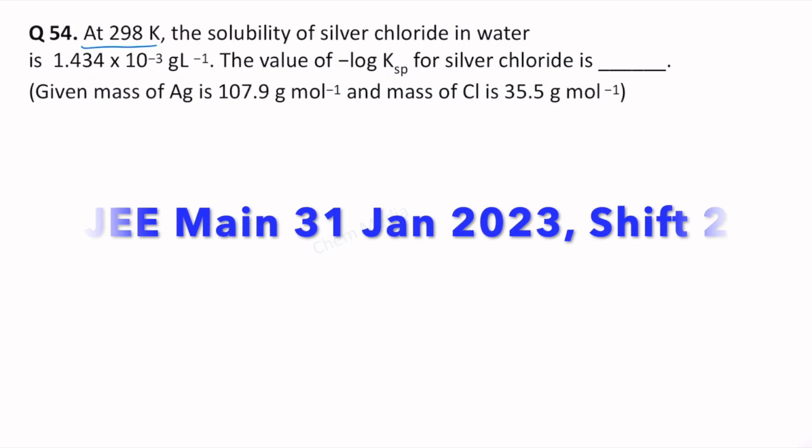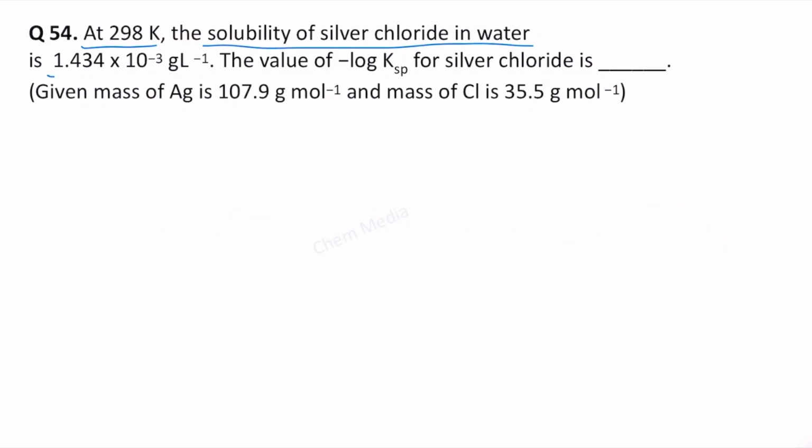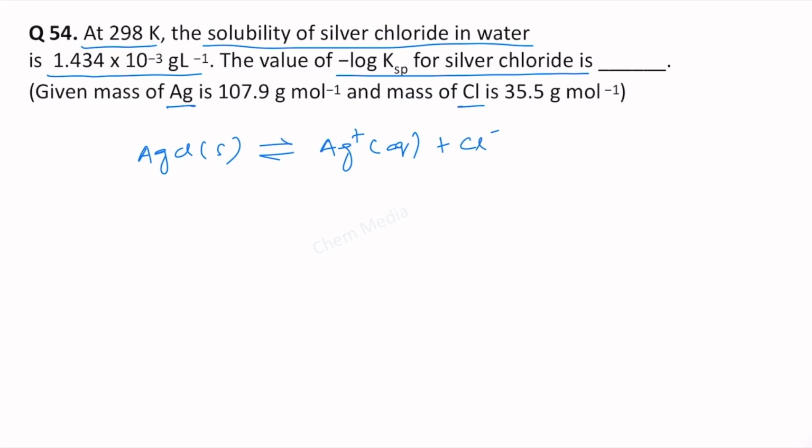At 298 K, the solubility of silver chloride in water is 1.434 times 10 to the power minus 3 gram per liter. The value of minus log Ksp for silver chloride is how much? Masses of silver as well as chlorine are given. At equilibrium, silver chloride solid in the aqueous medium would dissociate as Ag plus and Cl minus.